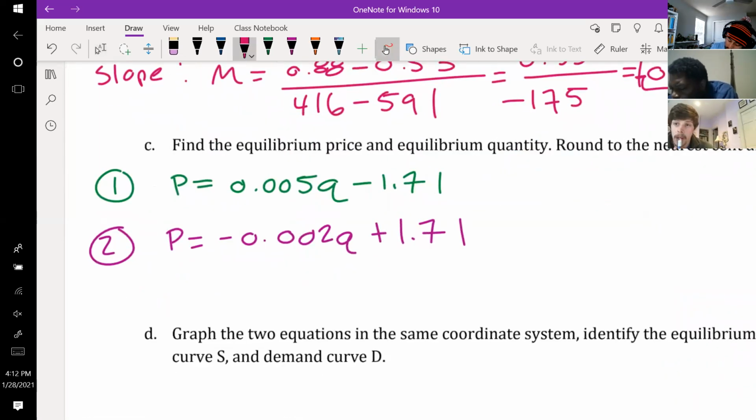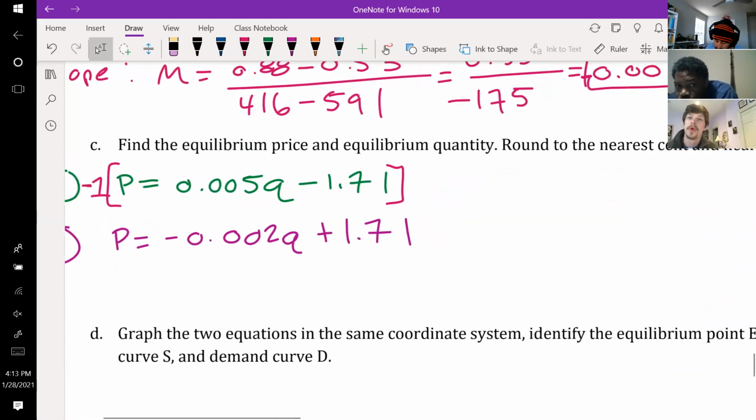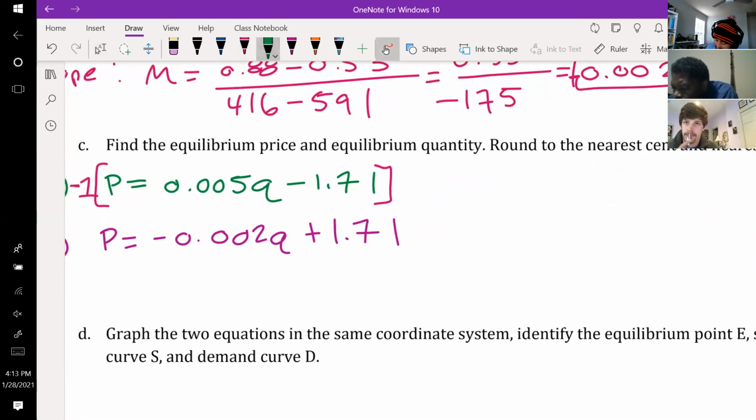I'm going to take equation 1 and multiply it by negative 1. And this means that I'm going to get negative P equal to negative 0.005 Q plus 1.71.